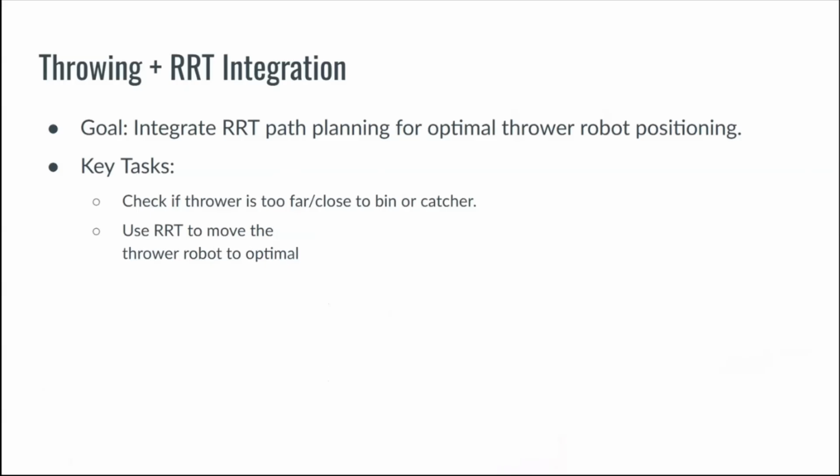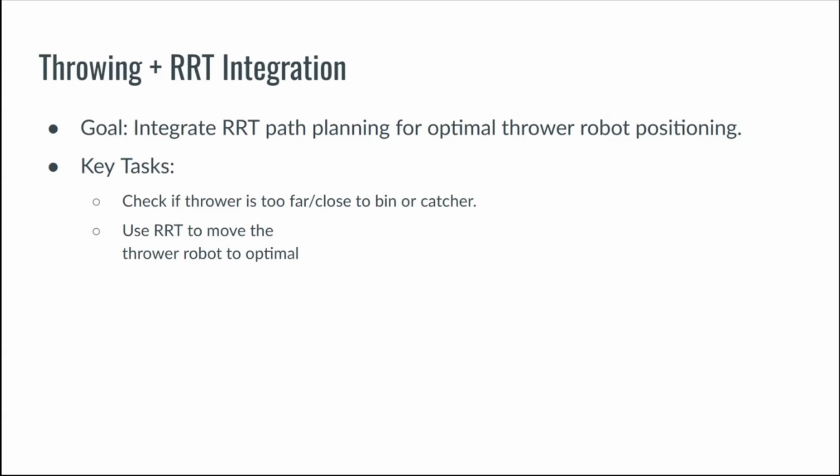For this project, we also wanted to make it more generic so that it can be used in other scenarios. A common issue is that the robots could be too close together, resulting in collisions, or too far from each other, in which case the ball wouldn't be able to reach the target area.